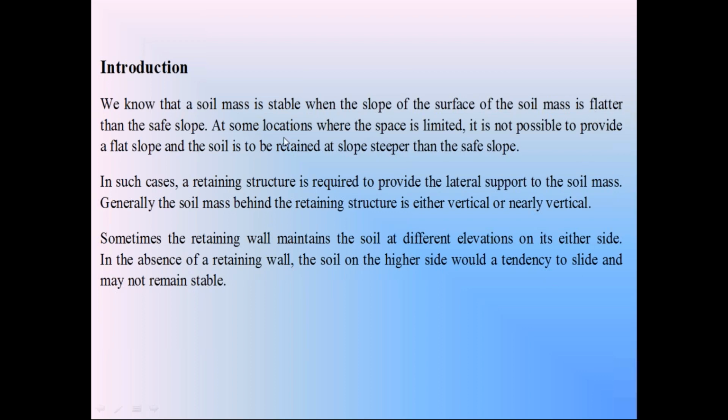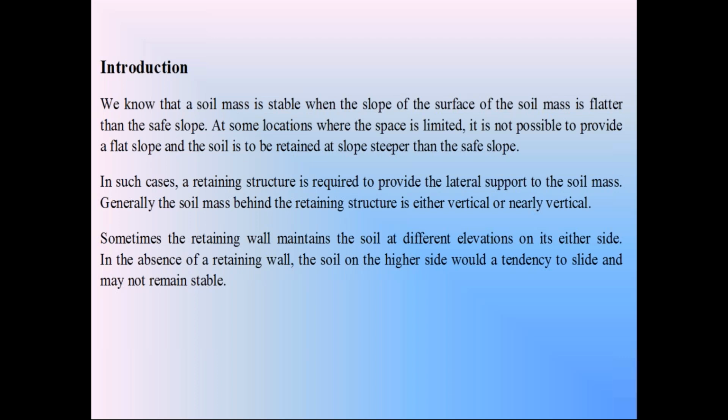Flat soil slopes are always safe, but sometimes due to space restrictions and other reasons, we cannot maintain flat soil slopes. We must go for steep soil slopes. So in some circumstances, we are in a position to go for a steep soil slope.